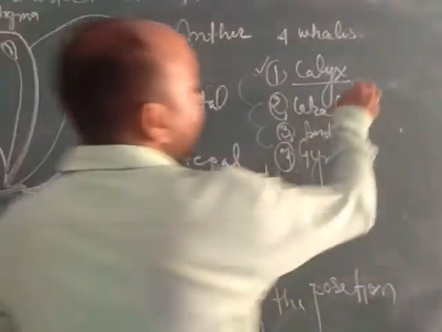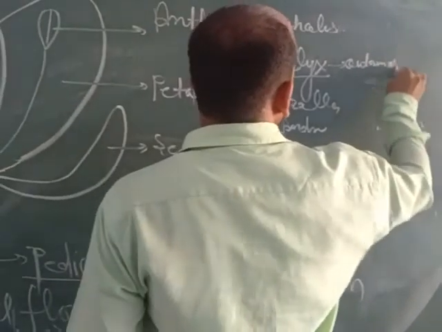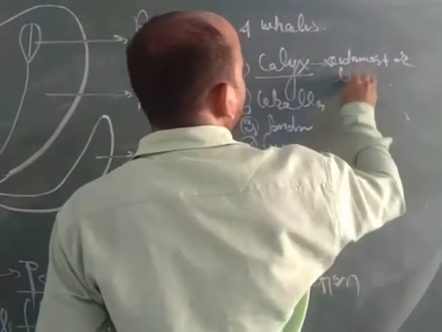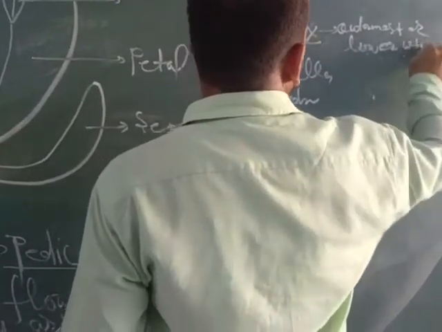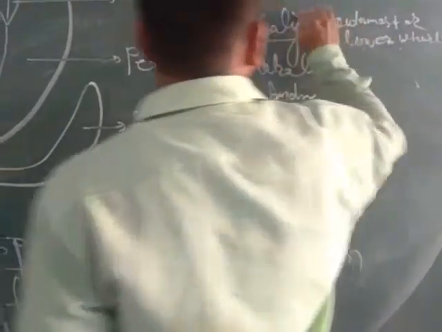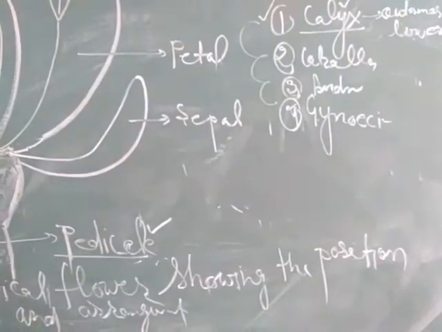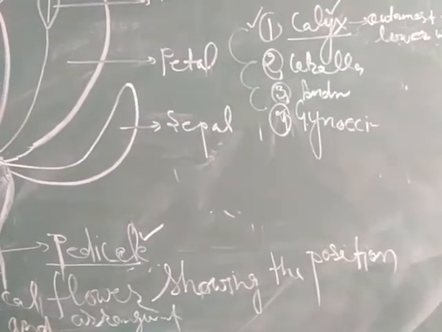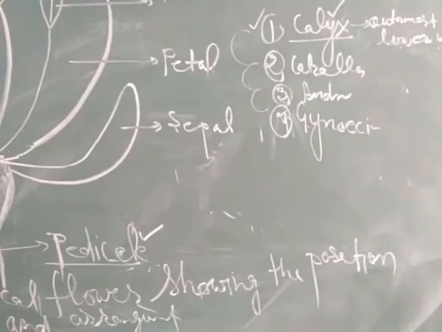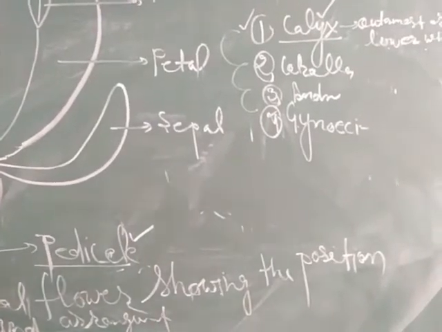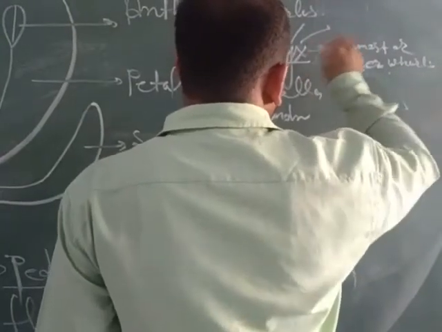The lowest ring of the flower is generally green in color, meaning it looks like a leaf.